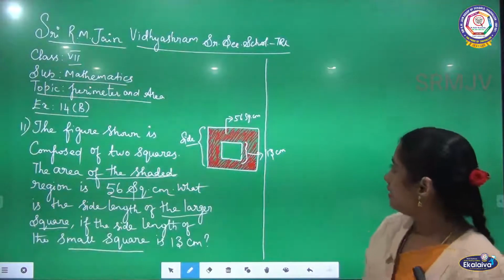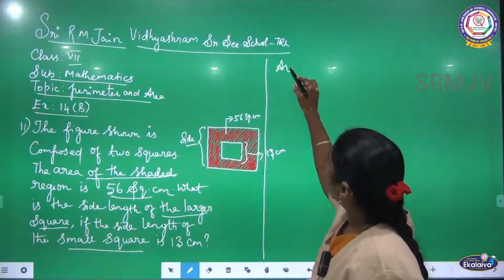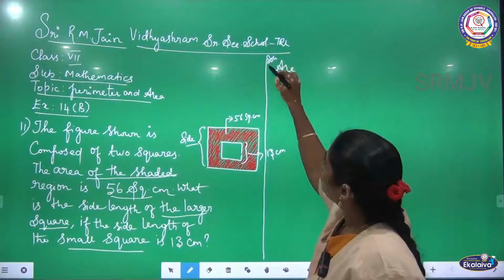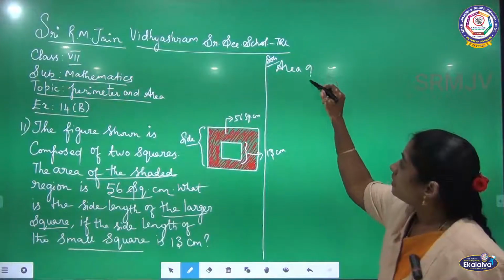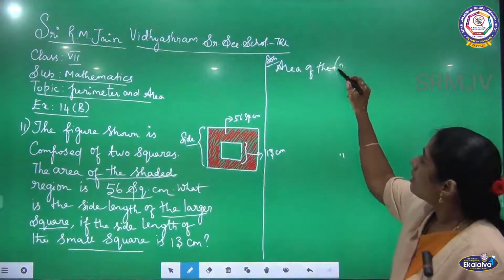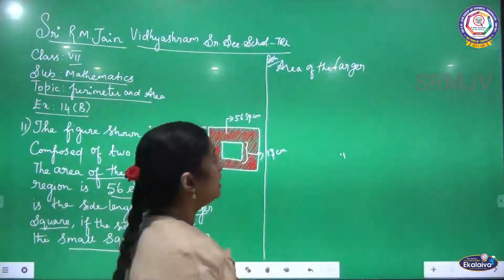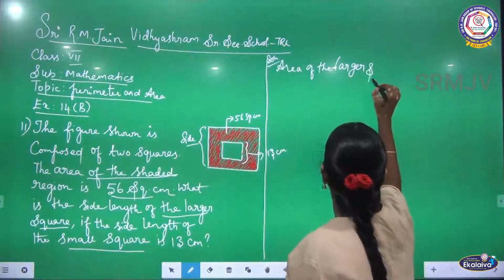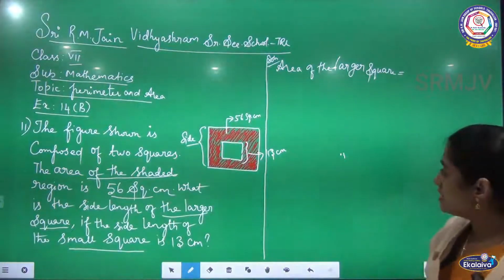Okay, listen. First, the solution. Now I am going to write the solution. Area of the larger square is equal to, what is that?